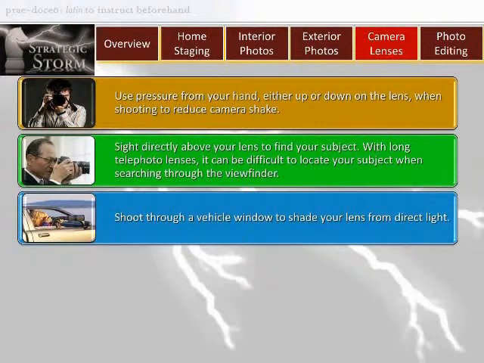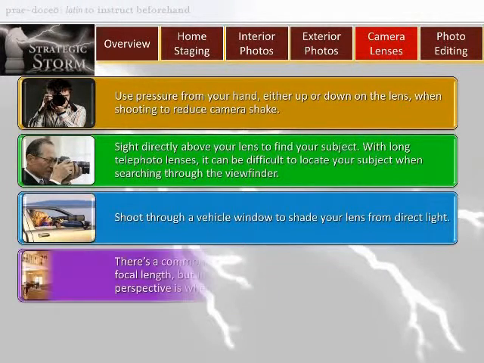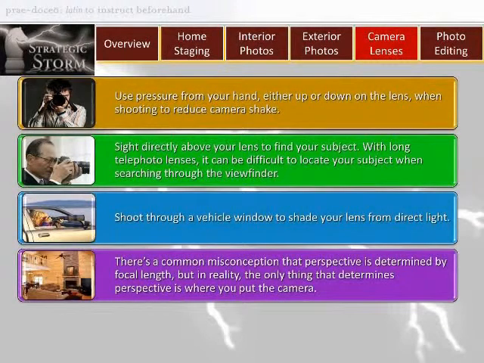So what determines perspective? Well, as Ansel Adams repeats so often in his wonderful book, The Camera, perspective is a function of camera to subject distance. There's a common misconception that perspective is determined by focal length, but in reality, the only thing that determines perspective is where you put the camera.